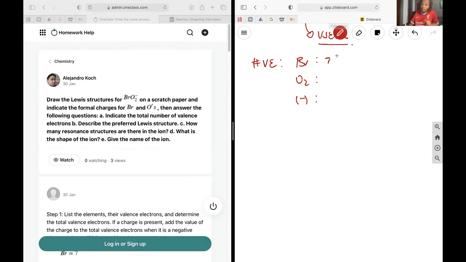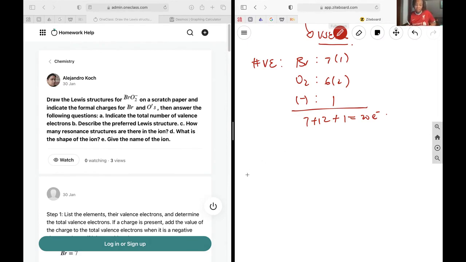So bromine gives me 7 valence electrons for every bromine atom. Oxygen gives me 6 valence electrons for every oxygen atom. And the charge is going to give me 1 valence electron per negative charge. And so that is going to give me 7 plus 12 plus 1, and that's 20 electrons to organize. Okay. Now I need to decide on my central atom.